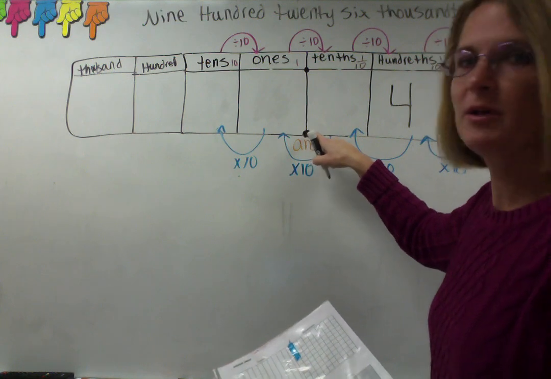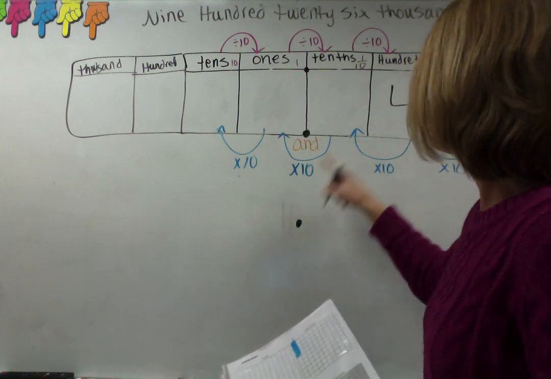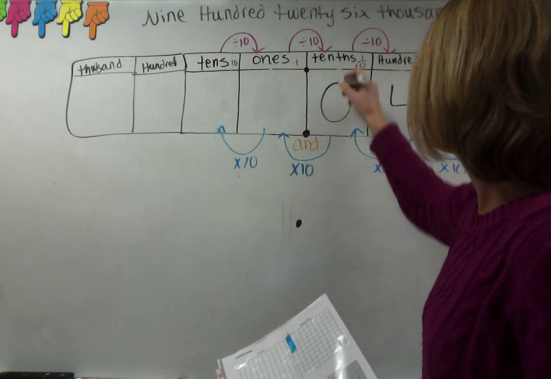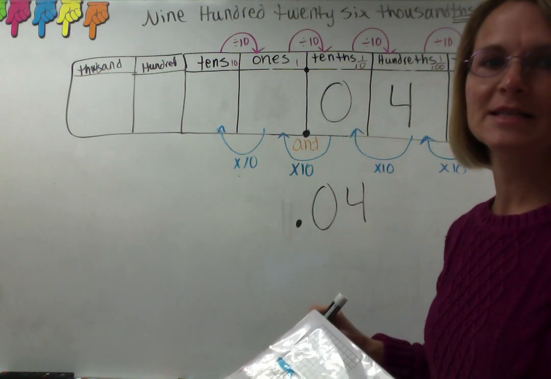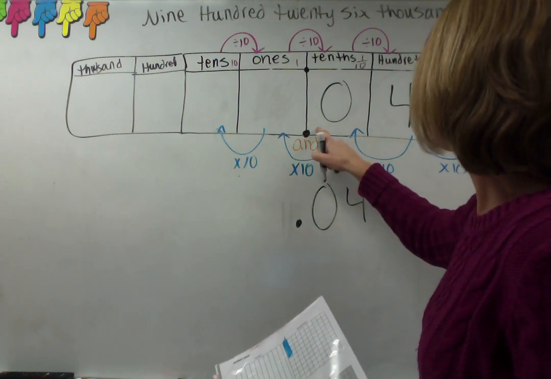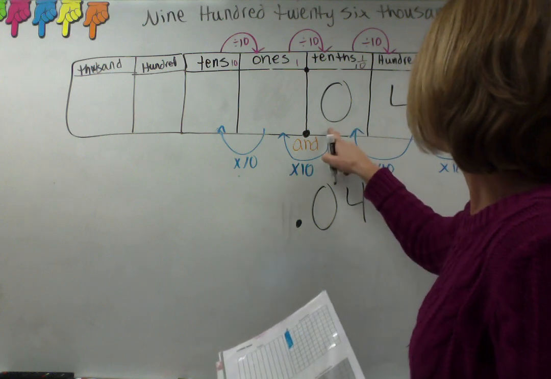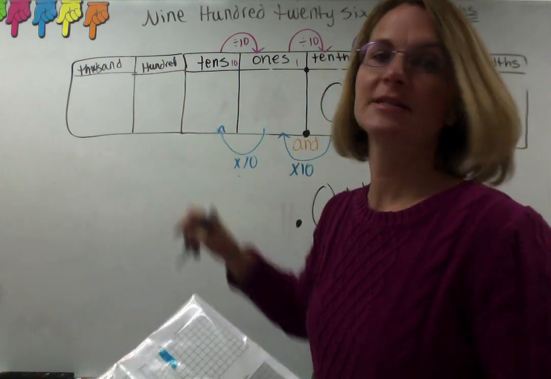And see where the decimal is? Well, the 4 is 2 places after the decimal. So if I were to write that number, I would need to put a placeholder here so that my 4 stays 2 places after the decimal. So you always have to have a placeholder between the decimal and your digit.